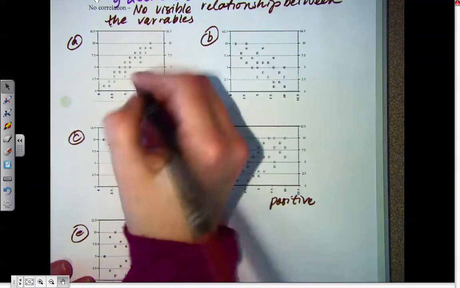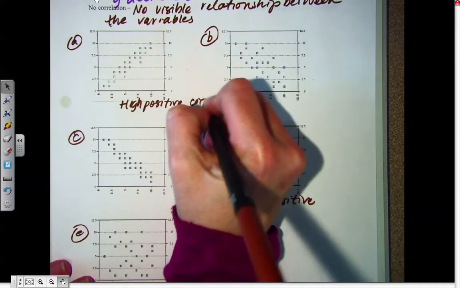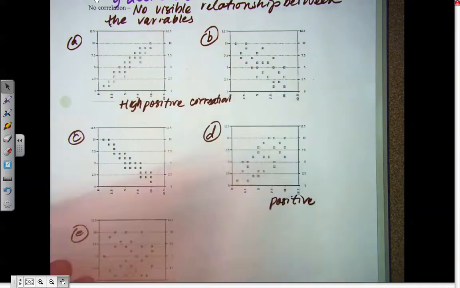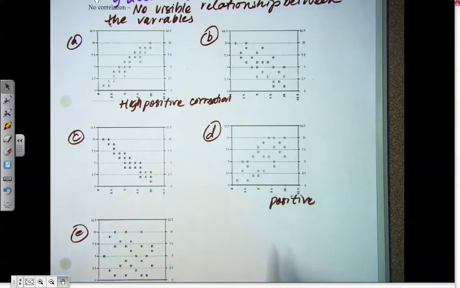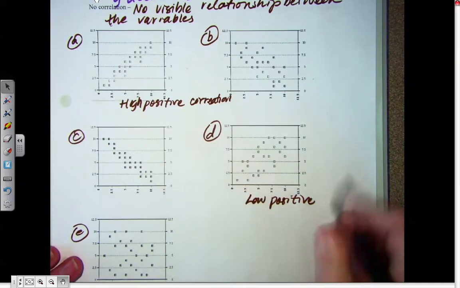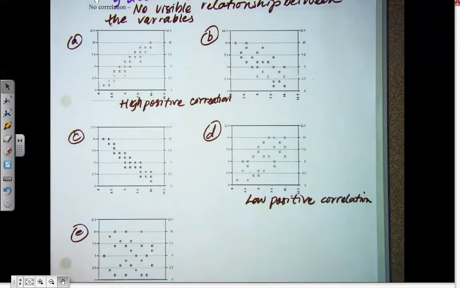So we label this one a high positive correlation, and this one, because it doesn't have as tight of a relationship, a low positive correlation. If you made the graph smaller they'd be closer together, but it would still be spread out unless you change the numbers.